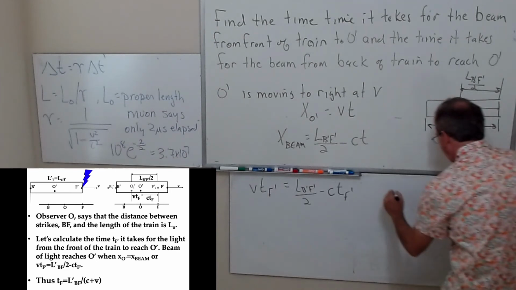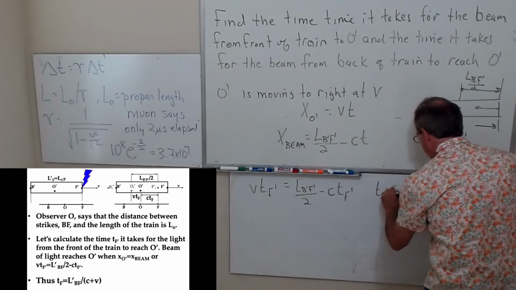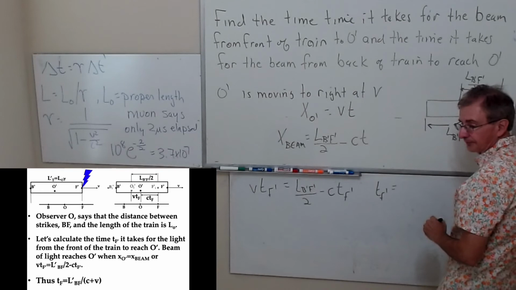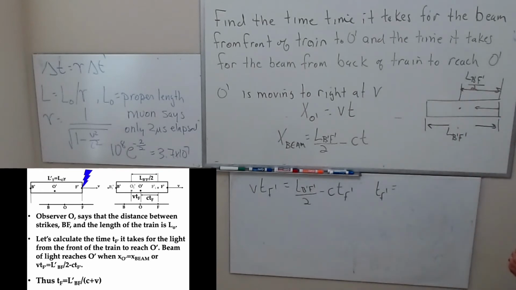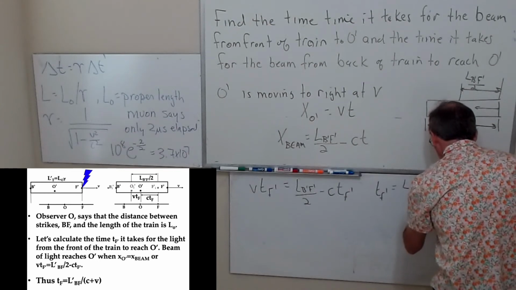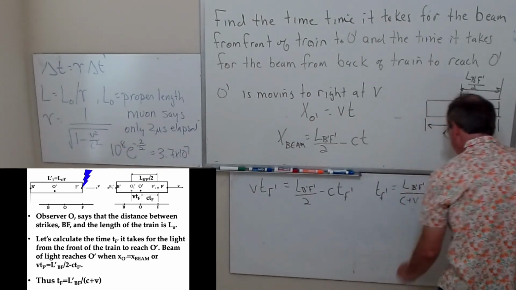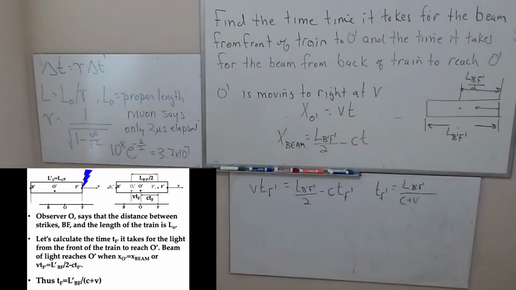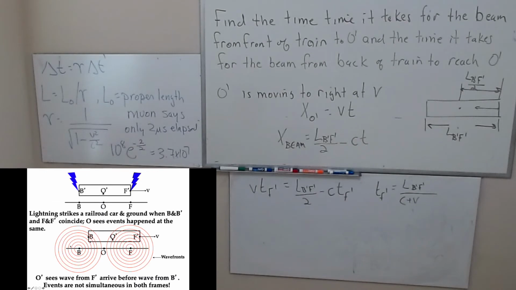And you get T_F prime, which I lost a prime there in the notes, is L prime over C plus V. Oops, went backwards.